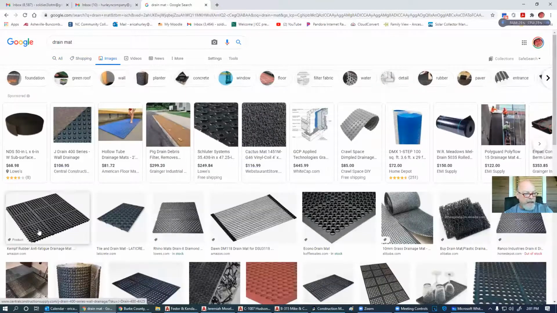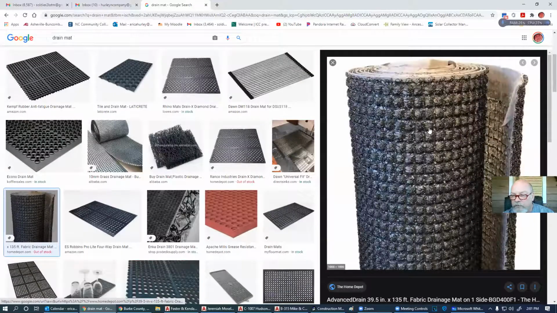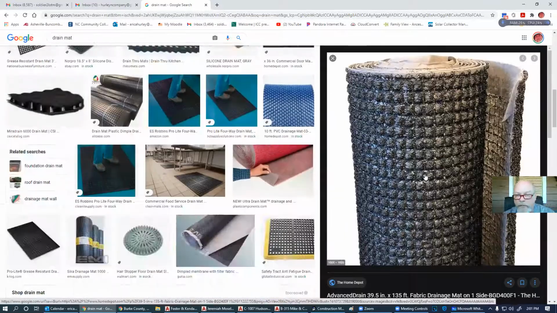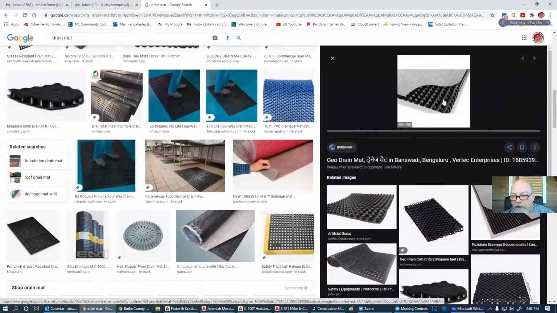So this is a drain mat, and you could use that, but not really. There we go. This is the preferred one. This is the type of drain mat that I prefer because it has a silk screen on it. Basically, this is just little plastic bumps here that allow water to run through this.